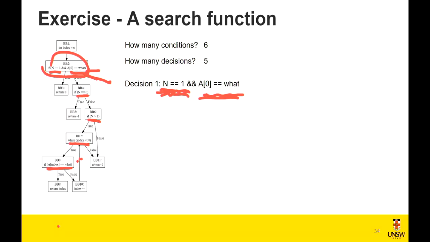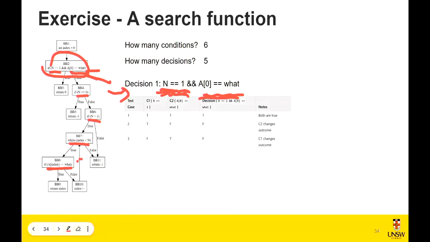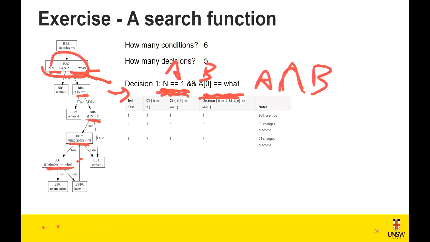How many test cases do we need here to achieve full MCDC for this decision? This is actually the same as A and B. So this is A, this is B, and the condition is A and B. So we only need 3 test cases. We don't need the false one. It is kind of redundant.